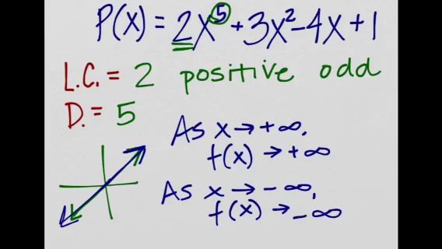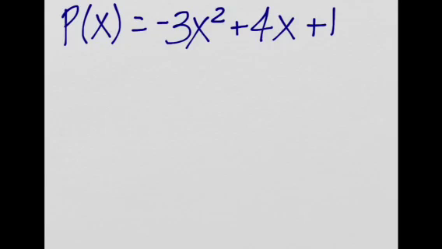So let's take a look at one more example. p of x equals negative 3x squared plus 4x plus 1. We're going to start by identifying the leading coefficient. Our leading coefficient is negative 3, so it makes it a negative function.